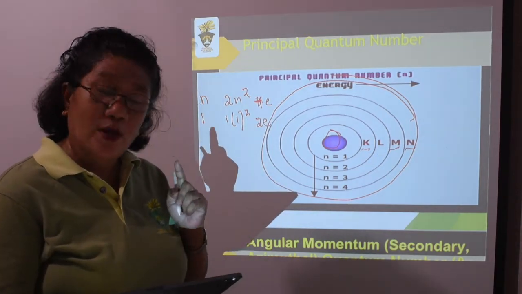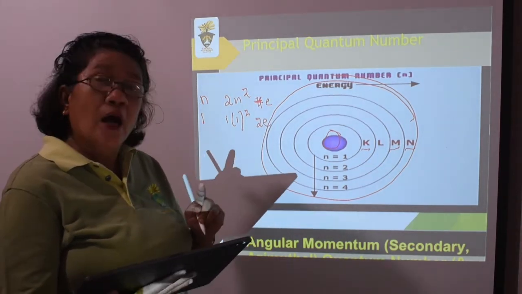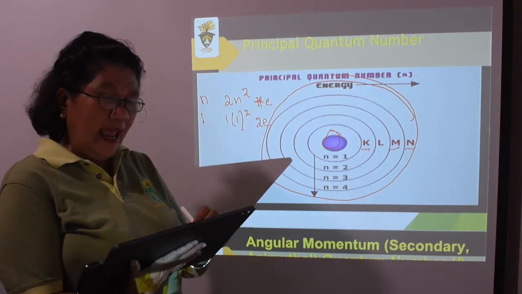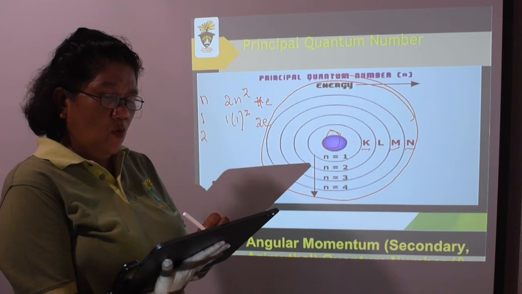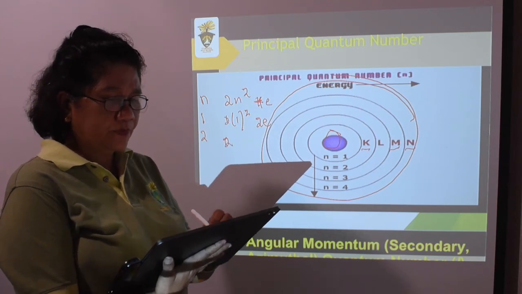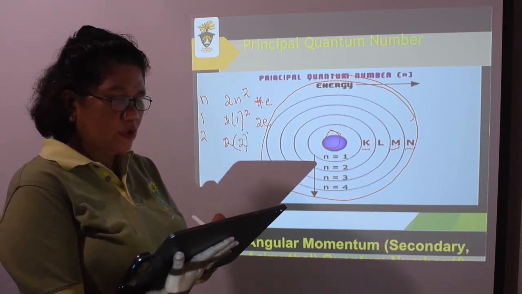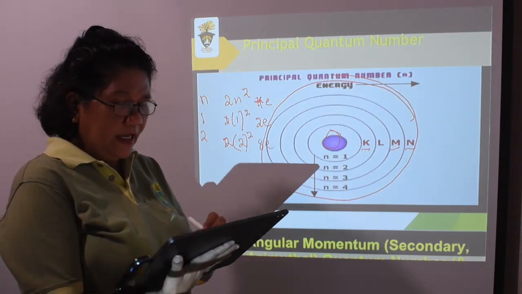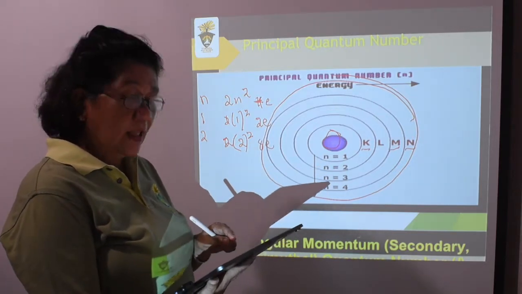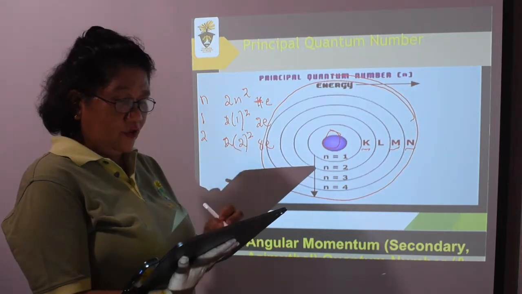When n is equal to 2, that is 2 times 2 squared, 2 times 4, which is 8. Therefore, in the second energy level, there are 8 electrons.